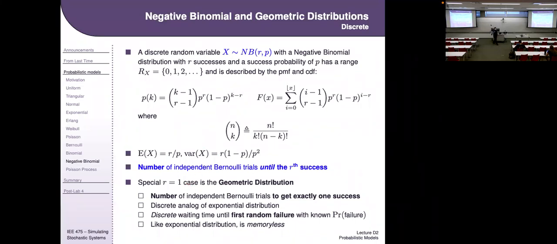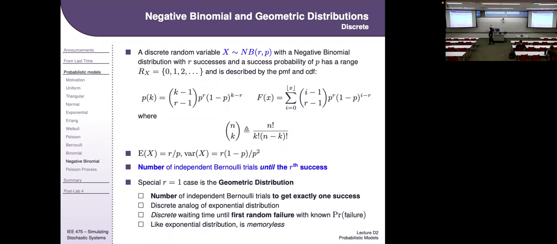And the geometric is the discrete analog of the exponential. An exponential is like if we just have a random failure probability, how long do we have to wait until we get a failure, until this aircraft wing develops a crack, for example? Well, the geometric is the discrete analog of that, where if I know every day I check the aircraft wing and there's a certain probability that I'll get a crack, then how many days do I have to go until I actually see a crack in the aircraft wing?